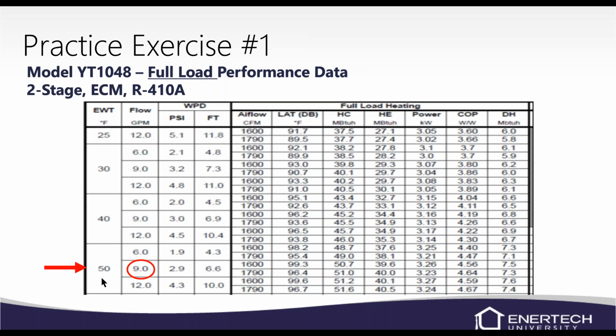We had our 9 GPM, and we had 1,600 CFM. So we want to follow that column down where the HE is located. And we'll see that we should have 39,600 BTUs. That 39.6 is equal to 39,600 BTUs.